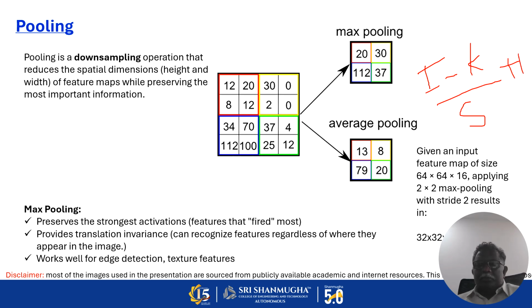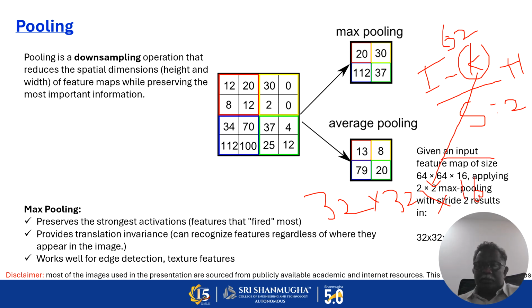So 64 minus 2 is 62, divided by 2 becomes 31, and 31 plus 1 is 32. The output is going to be 32 into 32 into the number of channels, 16. This is the answer that we get.